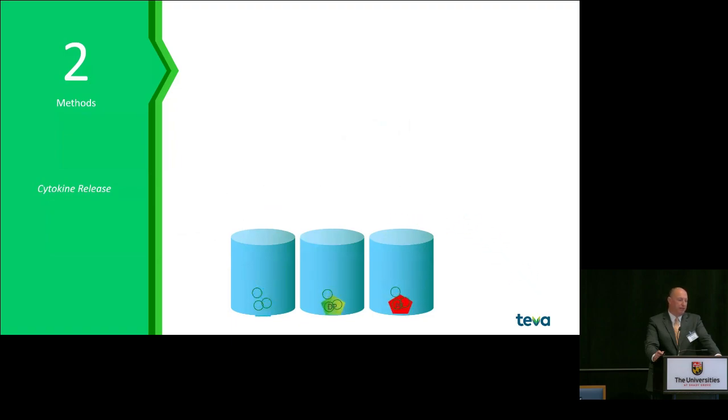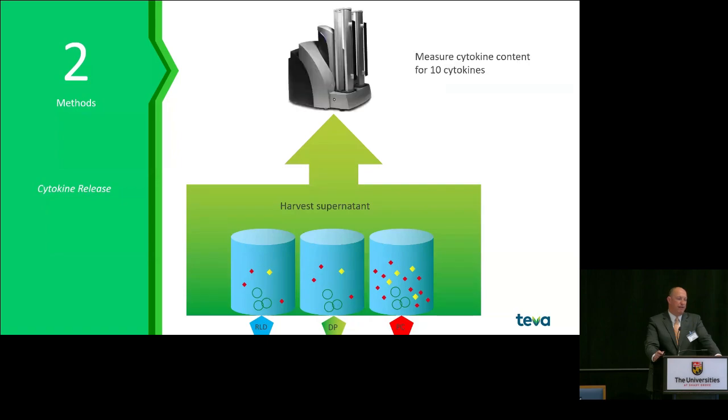After a particular incubation time, we see that cytokines are elicited. And again, for this example, the reference and drug product are very similar. The positive control is causing quite a robust response. We can then harvest the supernatant and measure those cytokines. In our lab, we typically lean on an MSD platform in order to assess the various cytokines we're interested in, and we look at 10 at a time.